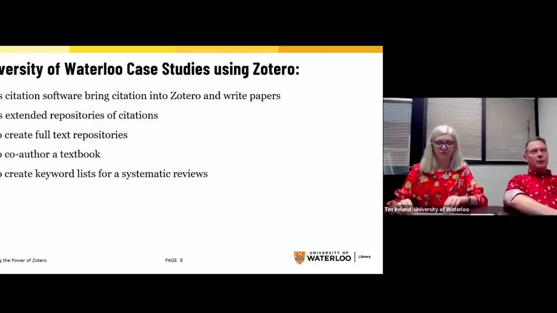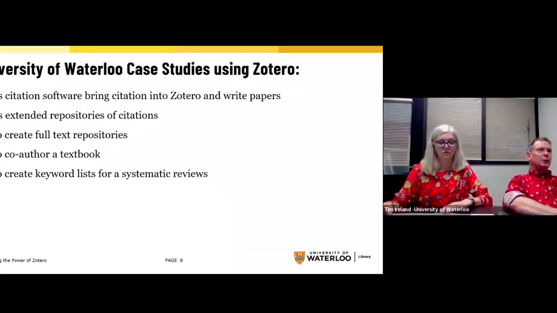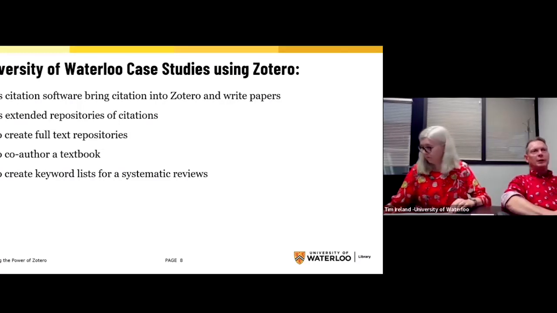So for University of Waterloo case studies, we're going to be talking about 5 different things. One is using citation software just to bring citations into Zotero and write papers. This is what most of our undergrads are doing. Everyone needs to know this bit. We've also worked with groups and used Zotero as an extended repository of citations.